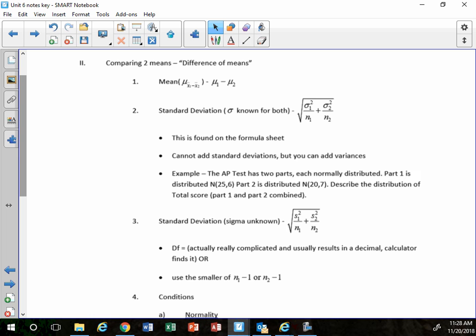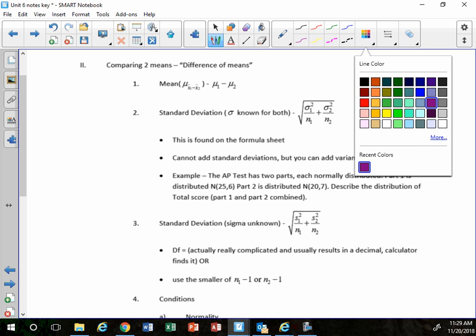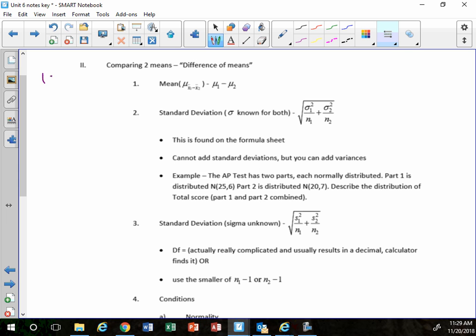All right, guys, so again, we're going to look at how this compares to the one sample stuff that you already know. So for one sample, remember this mu of x bar was equal to mu.